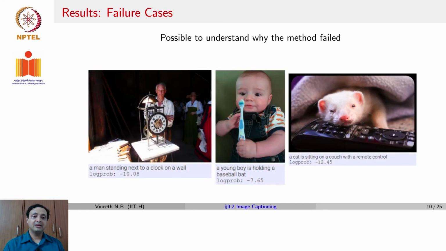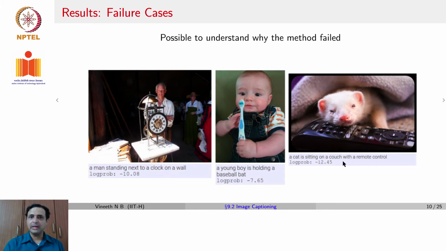On the other hand, here are some failure cases of such a model. In this particular case, for this image, the model predicts a man standing next to a clock on a wall. For this image, the model predicts a young boy is holding a baseball bat. And for this image, the model predicts a cat is sitting on a couch with remote control.